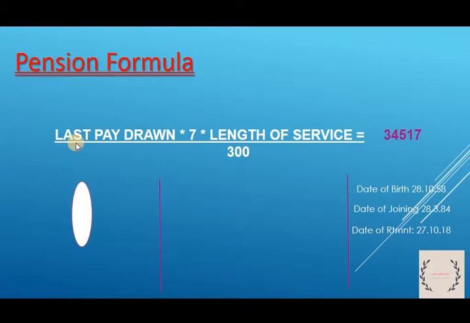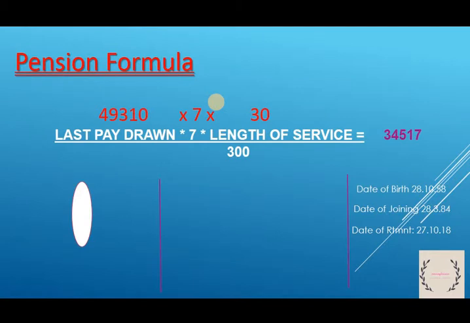The last pay means the last basic pay drawn by the retiring employee before his retirement, times 7. You must also be asking what this 7 is. 7 is probably the number of days of a week, times length of service. Length of service means total length served by a government employee under the government from the date of joining till the date of retiring, divided by 300.